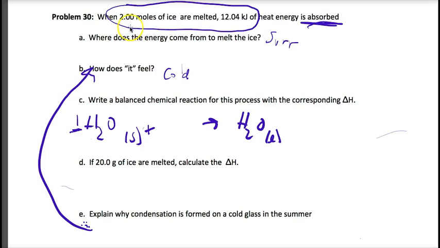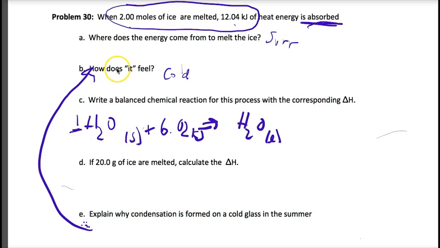So if 2 moles are going to absorb 12.04 kilojoules of heat, then 1 mole of ice will absorb 6.02 kilojoules of heat. That has nothing to do, by the way, with Avogadro's number. Just a coincidence, okay? So don't get all excited.